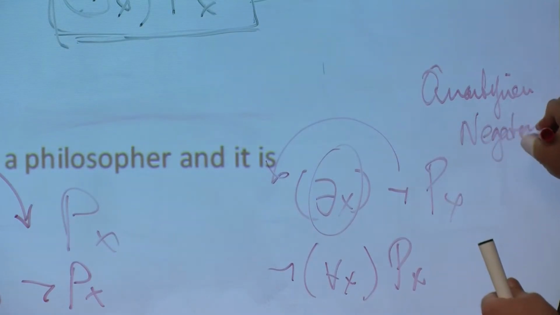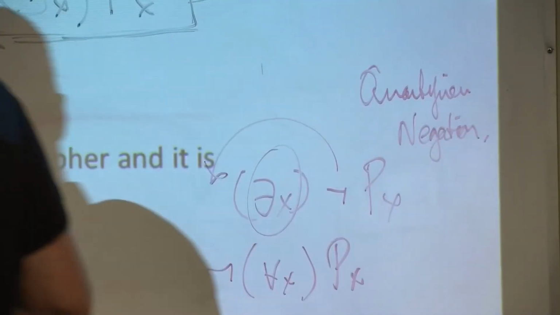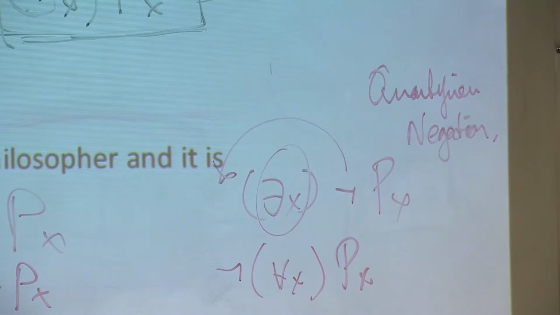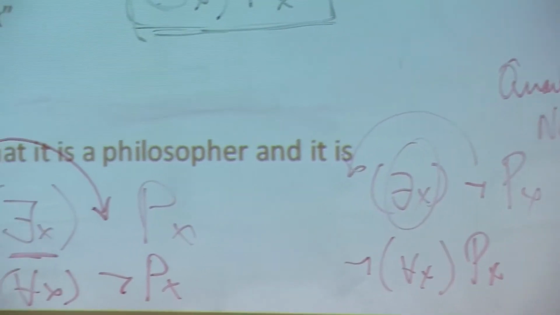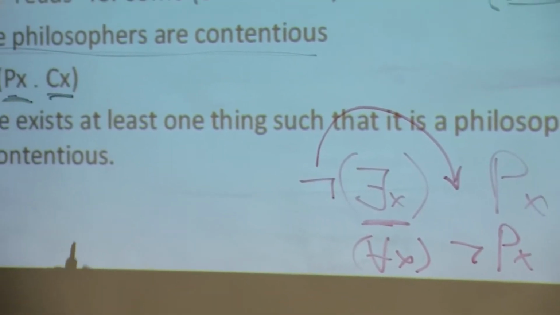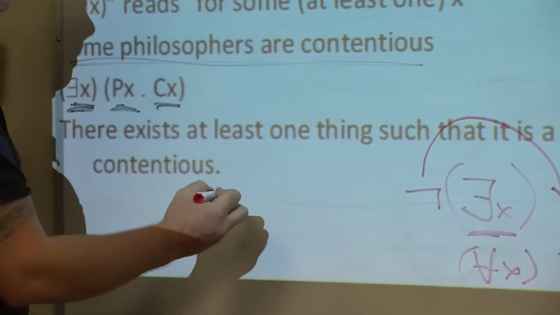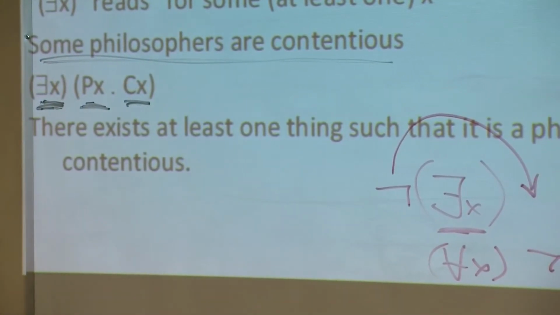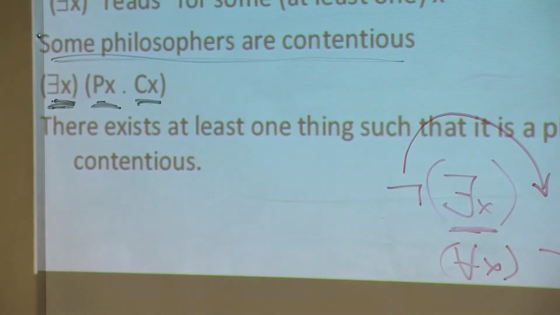And quantifier negation is going to be incredibly handy when you're actually doing some proofs. So let's say you had multiple quantifiers.